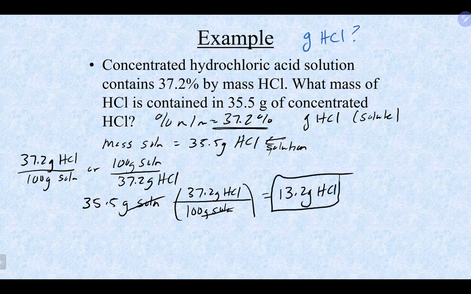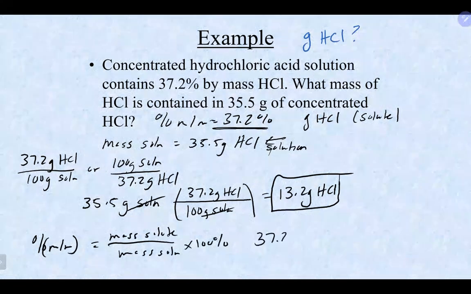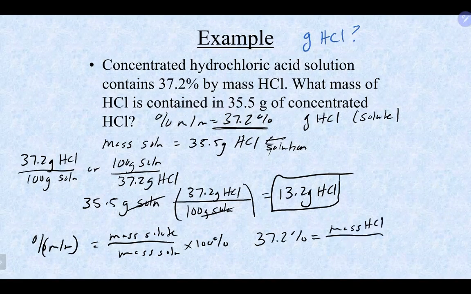First up, any question on that? Now, again, you could absolutely plug and chug into the equation that we saw, and you will get the same answer because you're doing the same math. 37.2% would equal the mass of the HCl divided by 35.5 grams of solution times 100%.